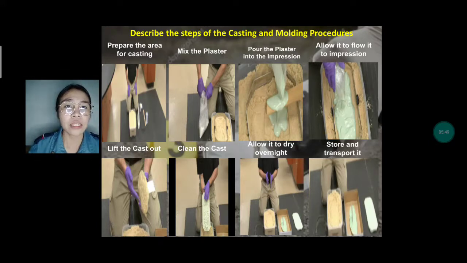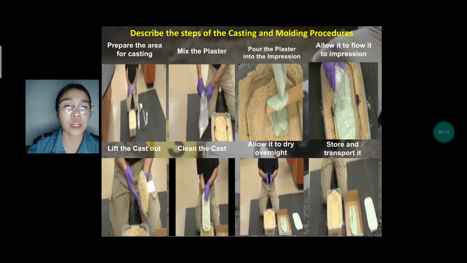So, next is lift the cast out. Kailangan tuyo po yung cast bago alisin yung cast, para nga po maiwasan yung pagkasira ng cast. Next is clean the cast. Kailangan po nating maingat na alisin yung mga natirang lupa na sumama po dun sa cast.